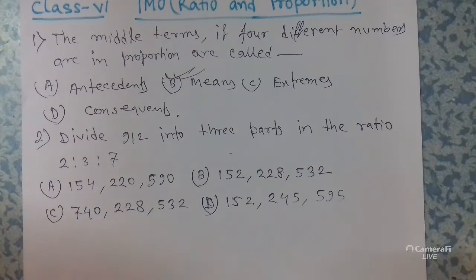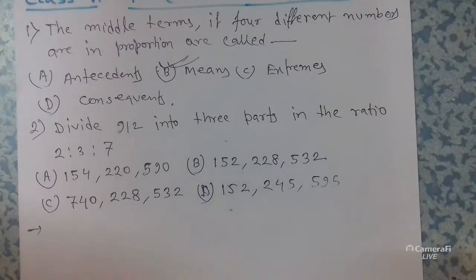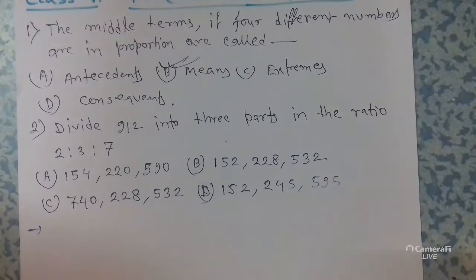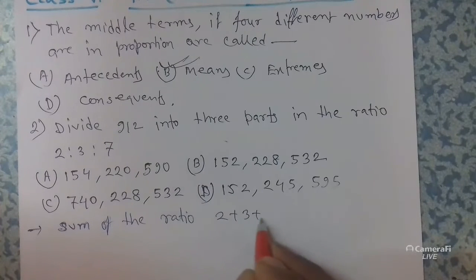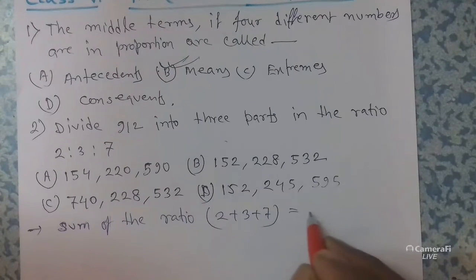So we have to divide 912 into three parts. So here the sum of the ratio is 2 plus 3 plus 7, that means 12.